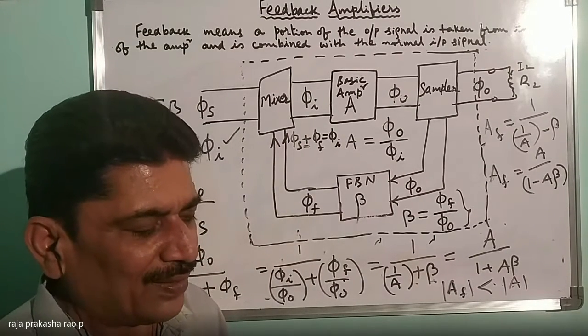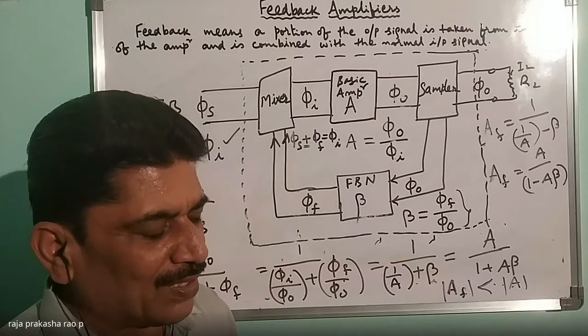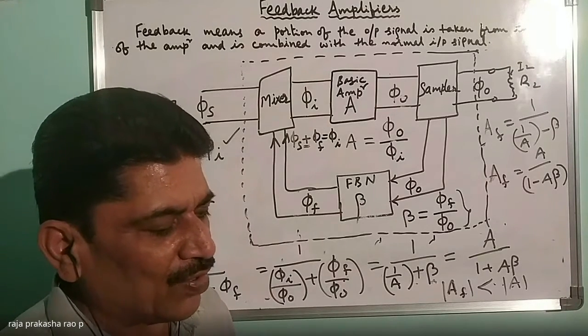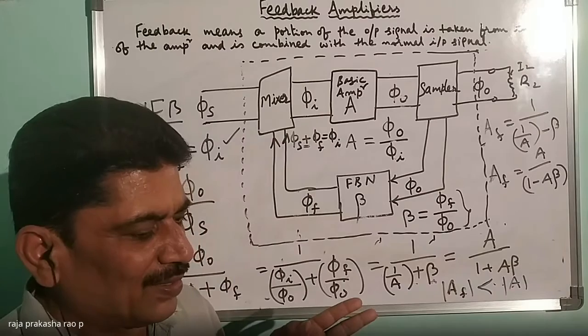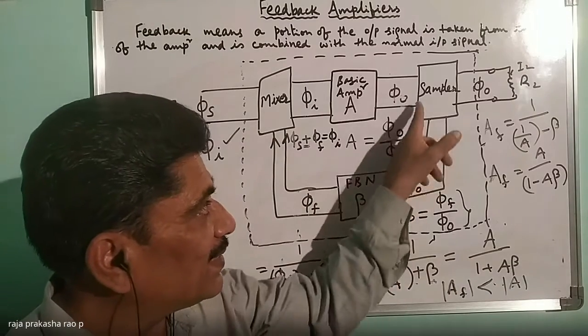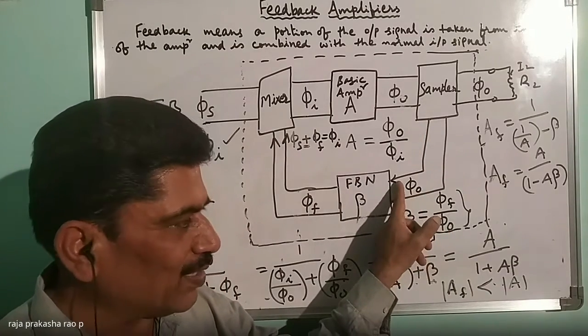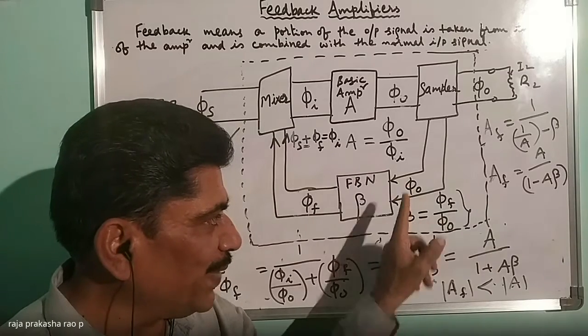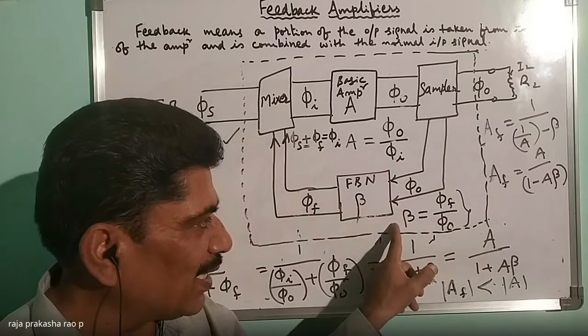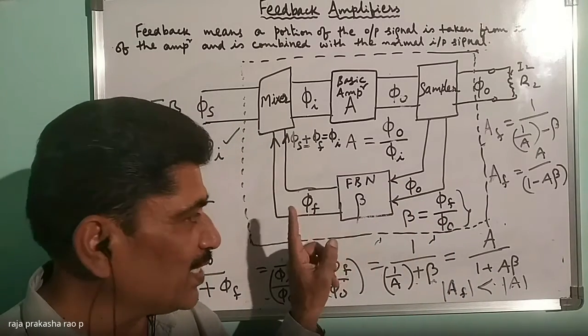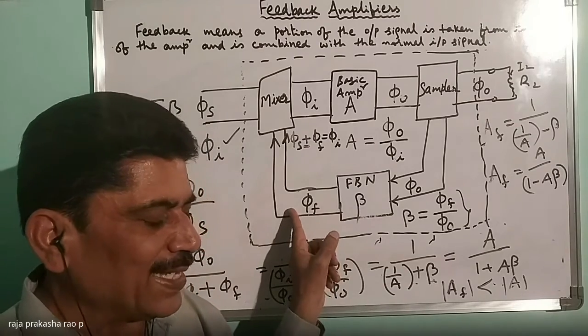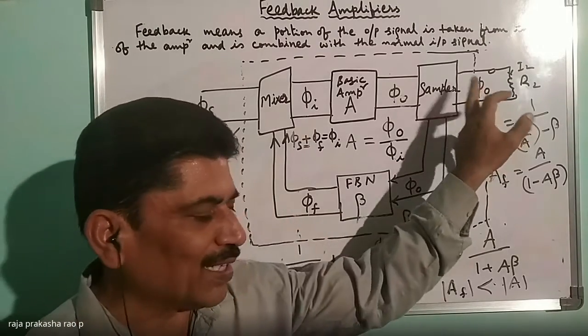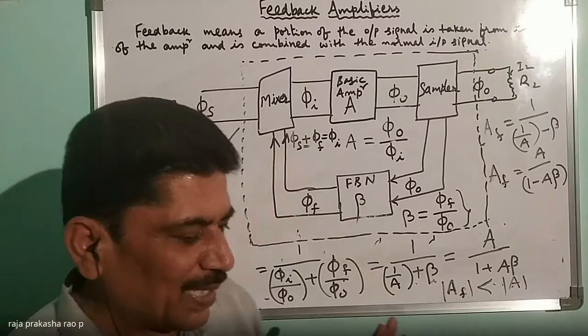Is it not? Yes, sir. If we multiply by 0.25, we will get 25% of the output signal. So we are multiplying the signal by beta: V0 into beta to get this Vf. So this Vf is nothing but a portion of this output signal V0.